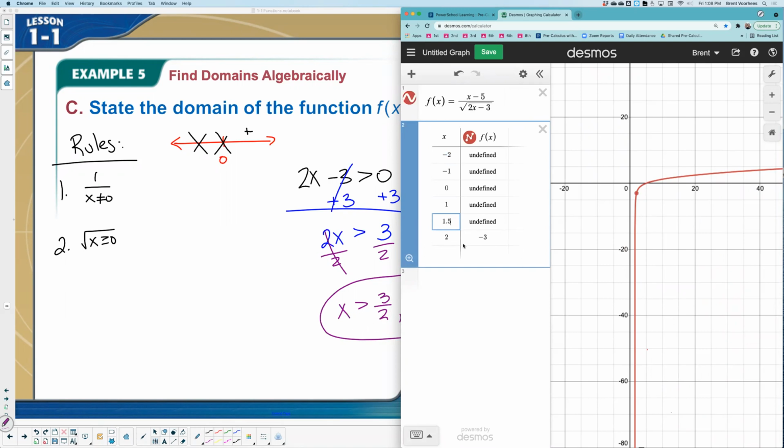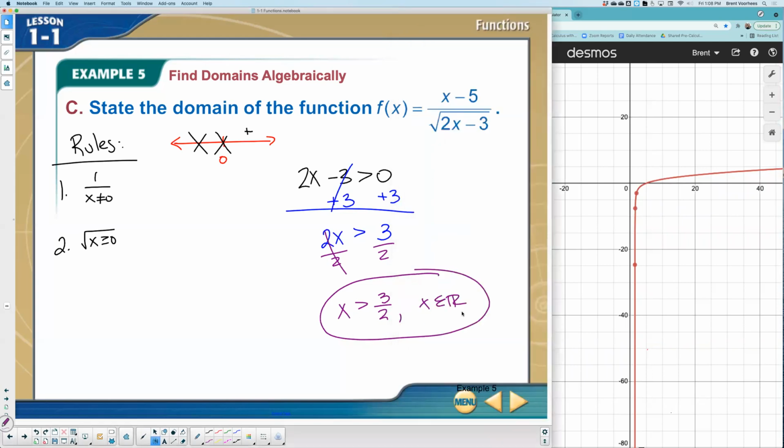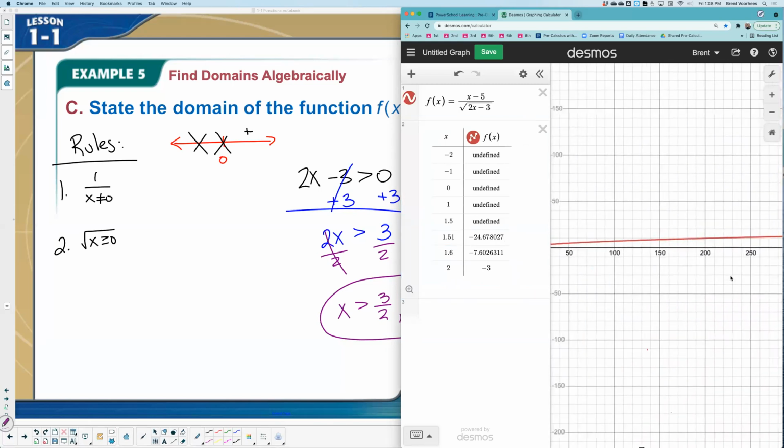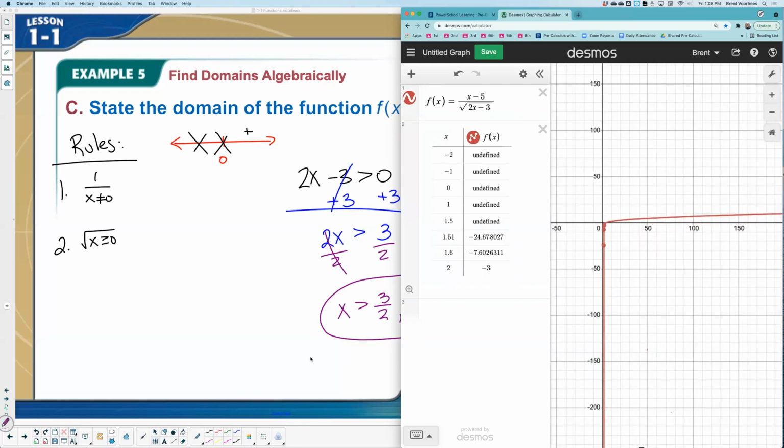What's a really, really small number that's bigger than 1.5? How about 1.51? Does the graph exist there? You bet. 1.6, does it exist there? Yeah, the graph is anything bigger than 1.5. And so we got it correct. And it goes on forever to infinity.